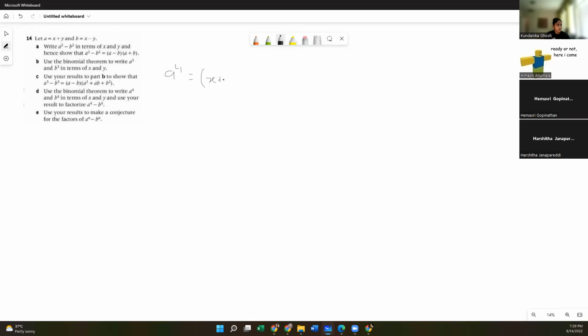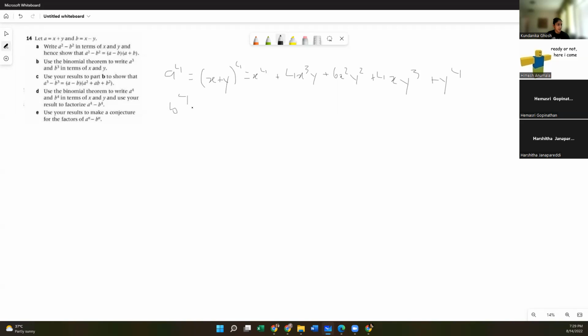Okay, a to the power 4 equals x plus y, whole to the power 4. This equals x to the power 4 plus 4x cubed y plus 6x squared y squared plus 4xy cubed plus y to the power 4.